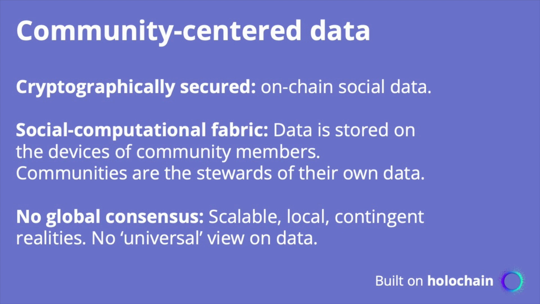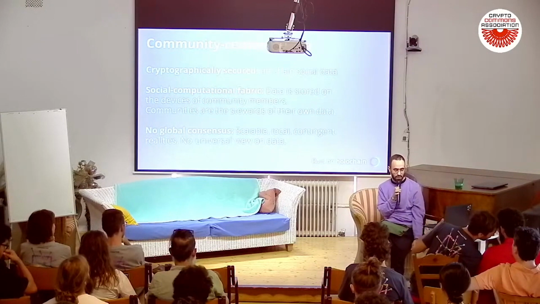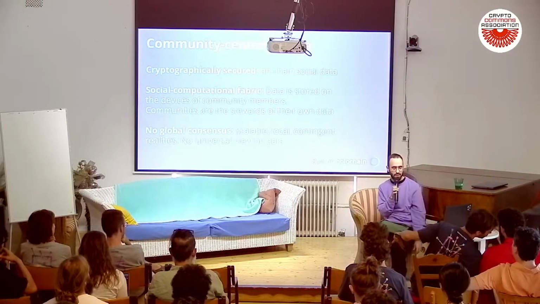This also means, because we're building on Holochain, that there's no global consensus. So there's no single monolithic vision of what is the truth. That means it is a contingent reality, socially produced in a local context. It allows it to be scalable much more easily than on blockchains, but it also brings challenges, right?